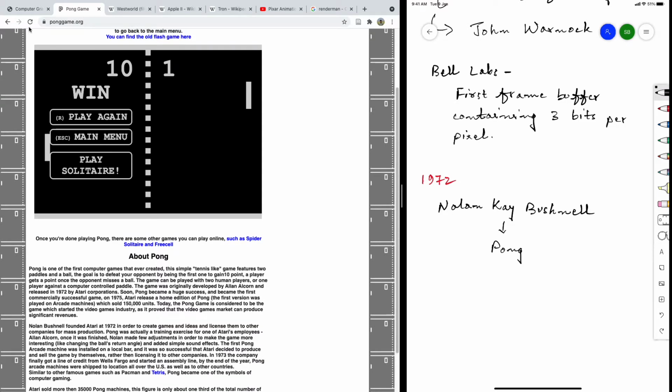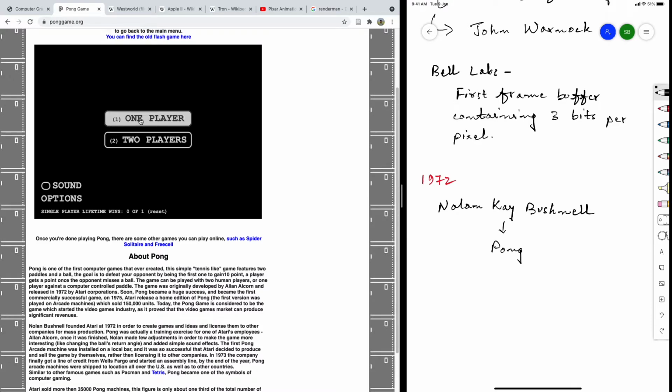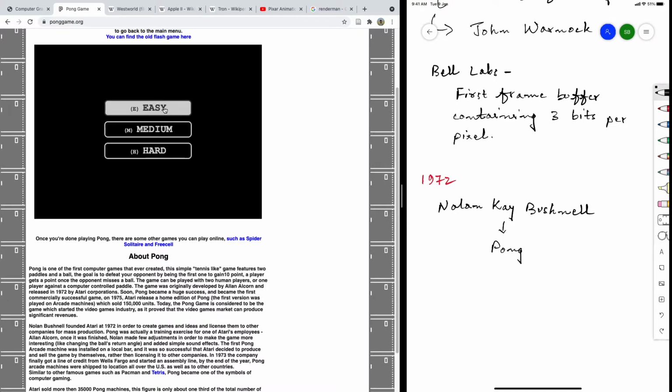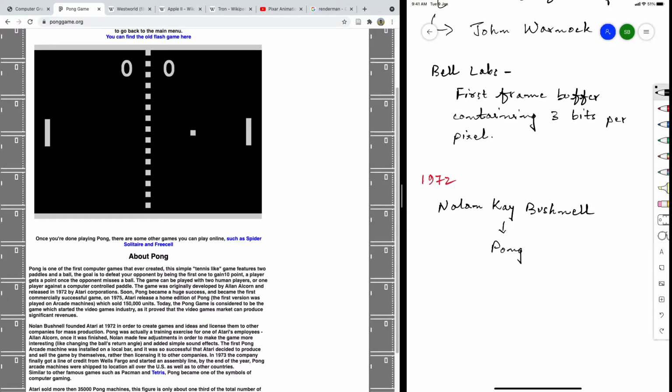So I'll show you this game. Just see here on the screen. Let me select one player and select using mouse, and let's go with easy level.